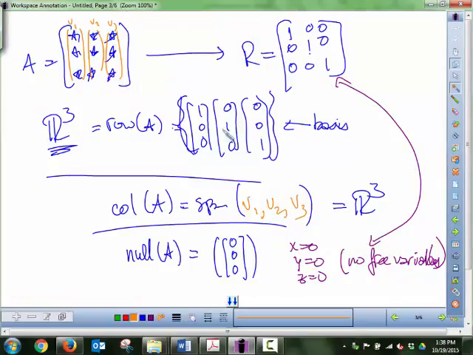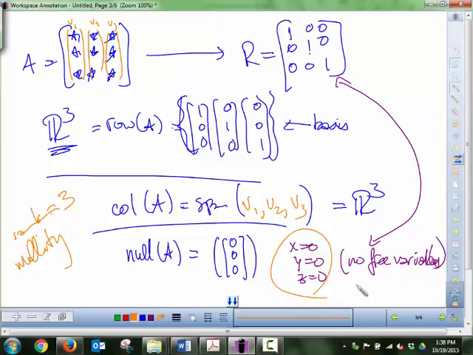Similarly, our row space and our column space for this other example is 3-dimensional, so rank is equal to 3. And it turns out that we have a 0-dimensional null space. So that still satisfies our rank theorem.